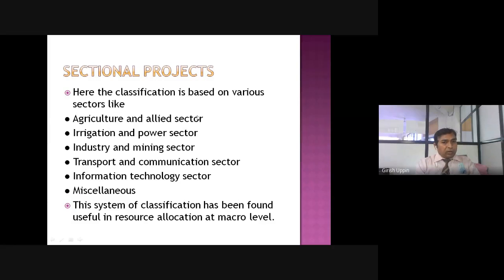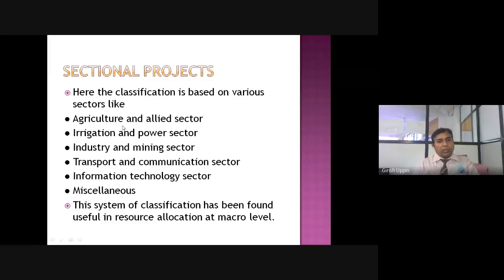Sectoral projects, here is the classification based on various sectors. According to the different sectors, we have projects. Suppose there are projects executed in agriculture or agriculture-related, food-related areas, those come into this particular sector, agriculture and allied sector.